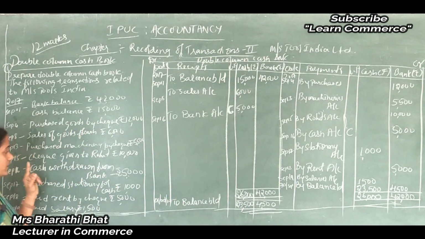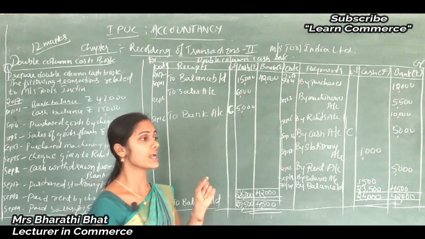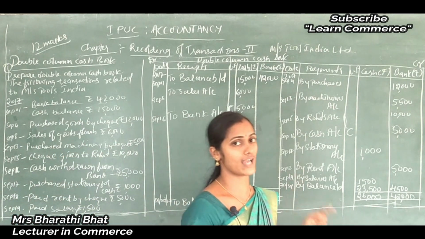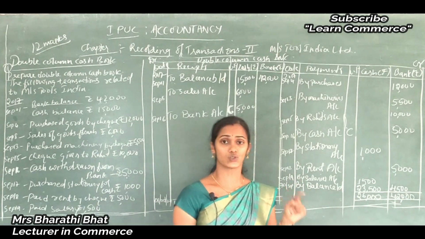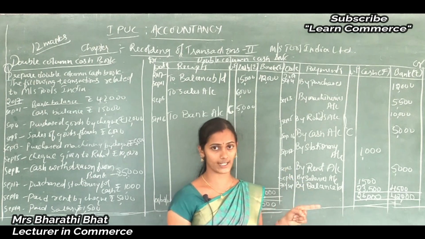Before that, you need to analyze every transaction properly and correctly. One or two contra entries may come in the illustration. So contra entry means what? If a transaction affects both cash and bank, then for such a transaction we need to pass a contra entry.